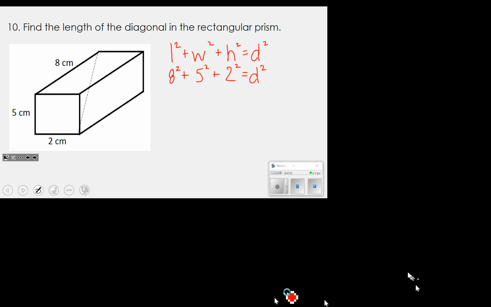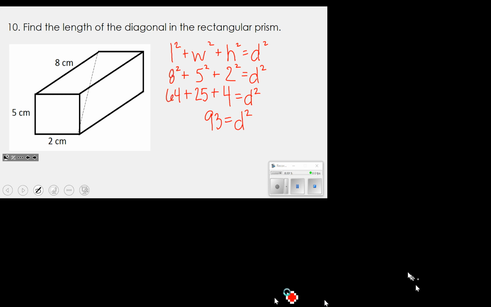So I have 8 times 8 is 64 plus 5 times 5 is 25 plus 2 times 2 is 4, and that gives me D squared. And now when I add all of those together, I get 93 for D squared.